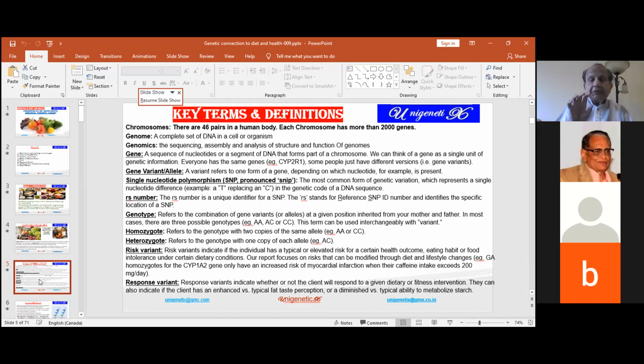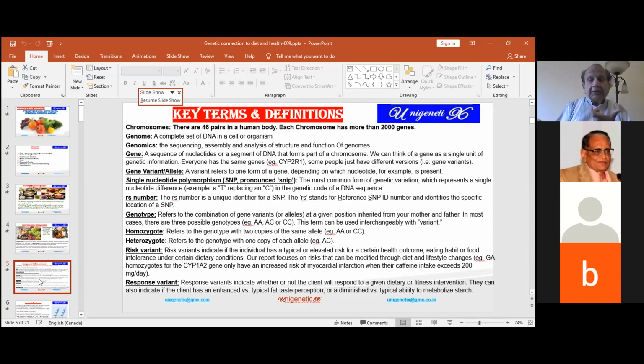It is that particular area within a gene that carries that particular genetic pair, and the most common form of genetic variation is, for example, a T replacing a C. When it's supposed to be CC, it becomes CT.